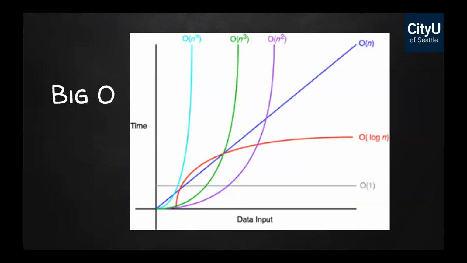However, for your O of n, this one is the easiest one. It means that if your array gets bigger, the time it takes gets bigger as well. This one, with the log n, again, it's just the reverse of exponent, meaning as your data size increases, it takes comparatively shorter time to finish, because you keep dividing stuff.